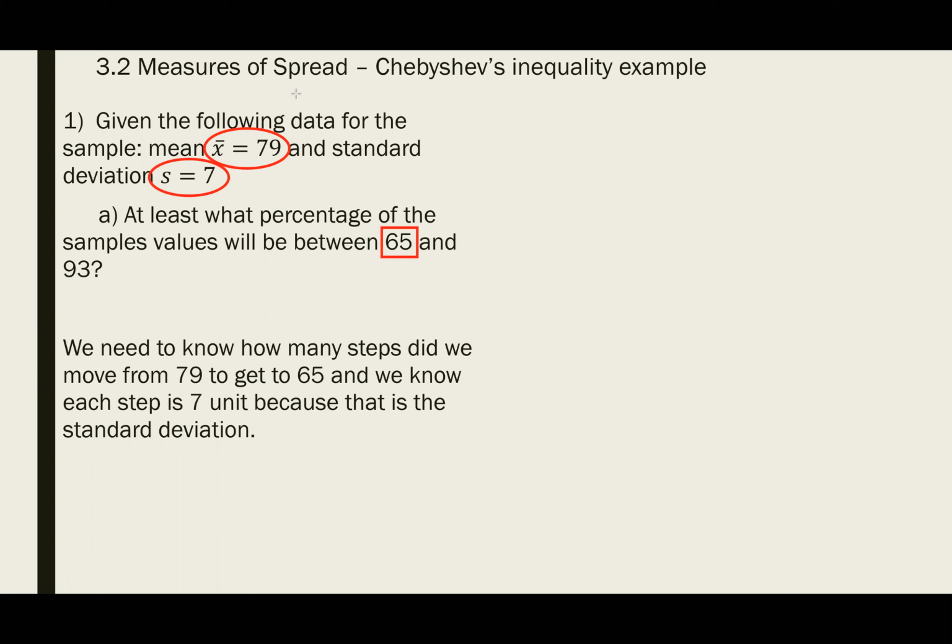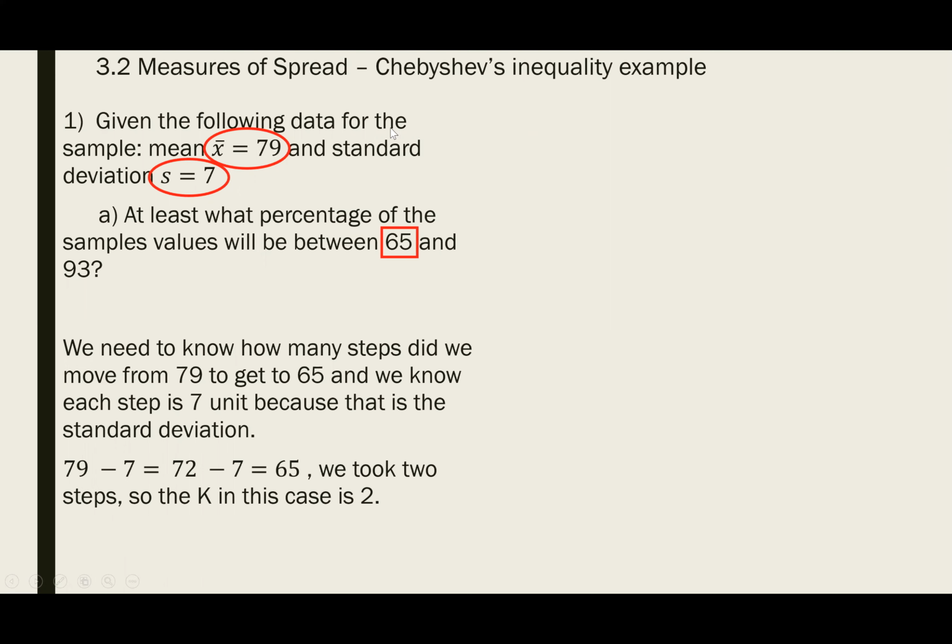If I take one step, I need to minus 7. So 79 minus 7 gives me 72. That is not 65. I need to take one more step, 72 minus 7, which gives me 65. I got the number I needed.